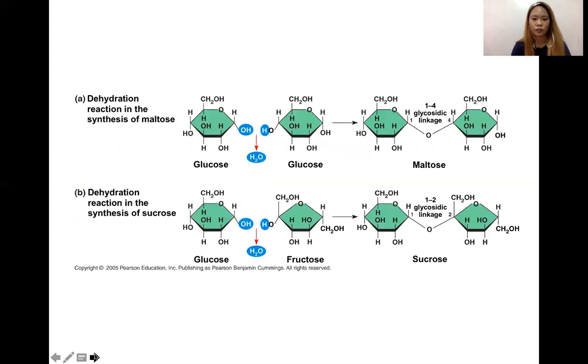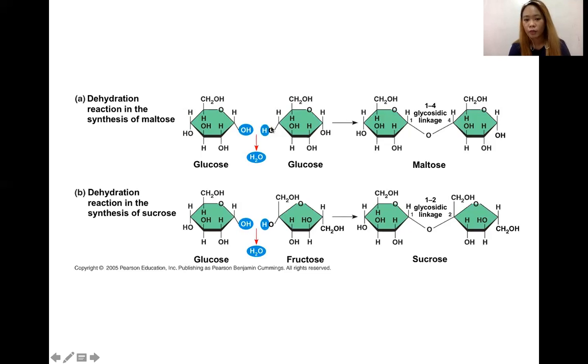Now let's show how these disaccharides are formed. So this is your glucose, and I'm going to add it with another glucose molecule. So this is a dehydration process. Again, the OH here bonds with this hydrogen here, so it creates water.